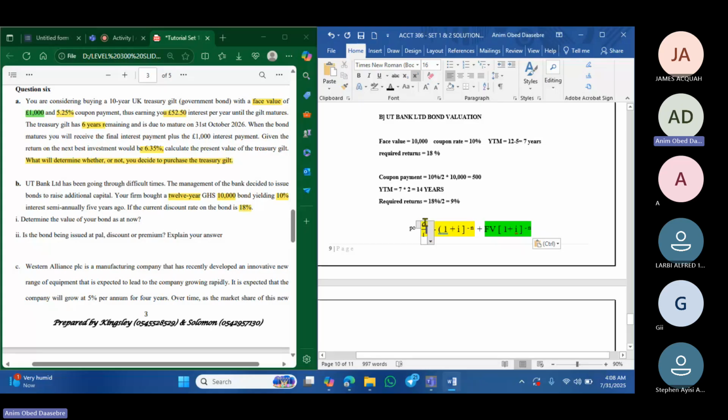So our C is what? Our C is 500. The I is 9%, 0.09.